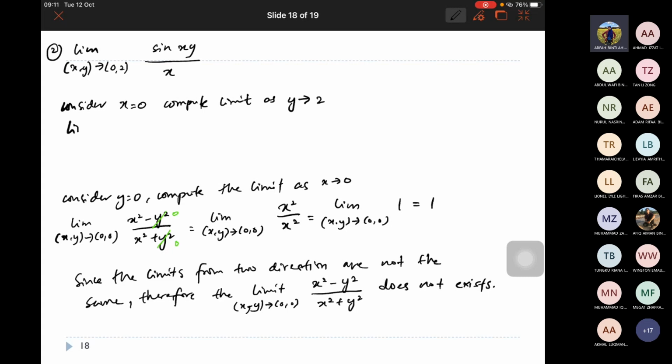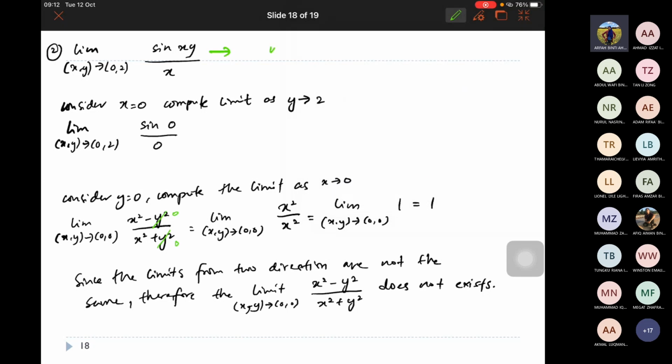So the limit of x, y approaches 0, 2 is sine 0 over 0. Okay, this one is not sine xy, this one is actually sine x over x.